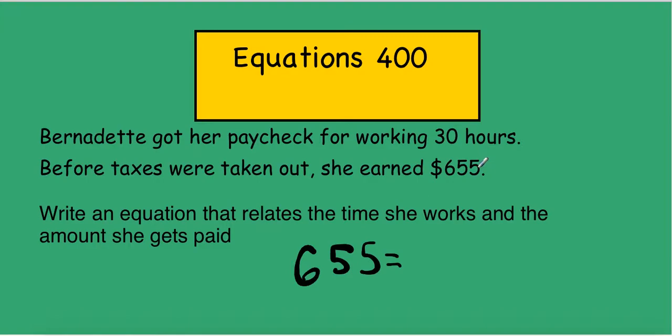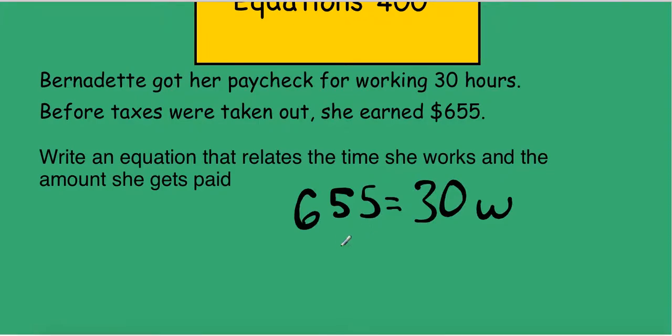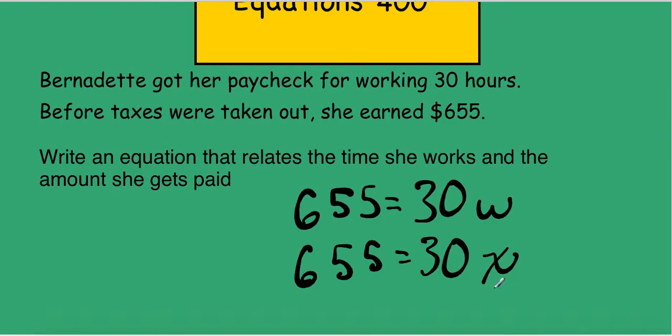Now, we don't know how much she gets paid per hour, so I'm going to write 30 times W. The reason I'm using W is this is her wage, how much she makes an hour. If you want to use a different variable, for example, 655 equals 30x, I'll be okay with that on the assessment, as long as I have some variable representing the amount of money she gets paid per hour.